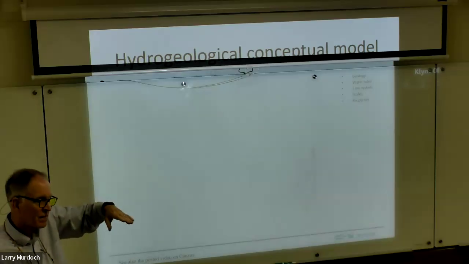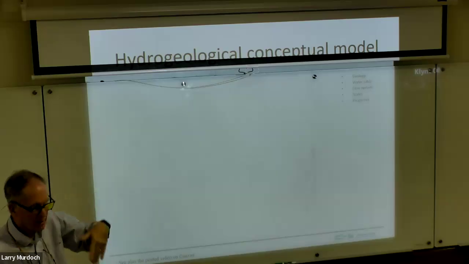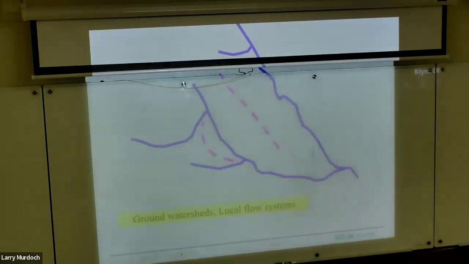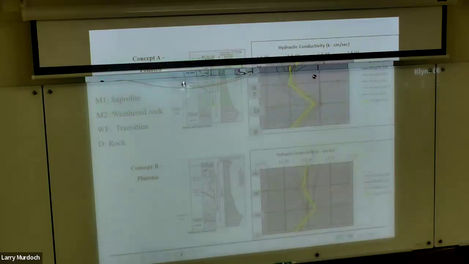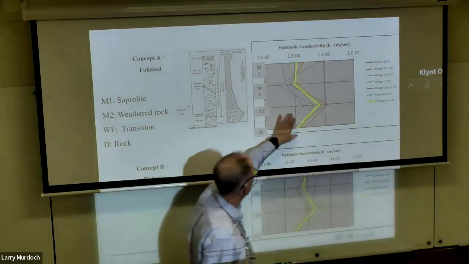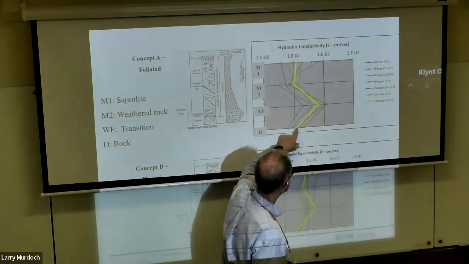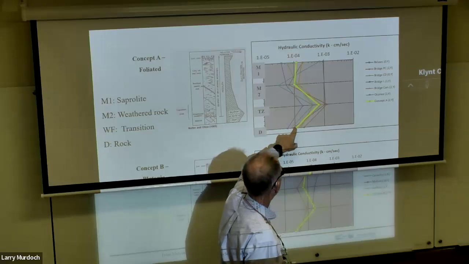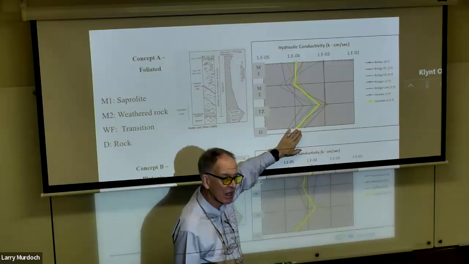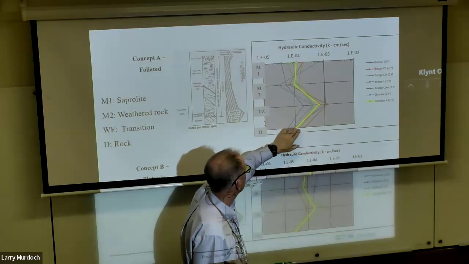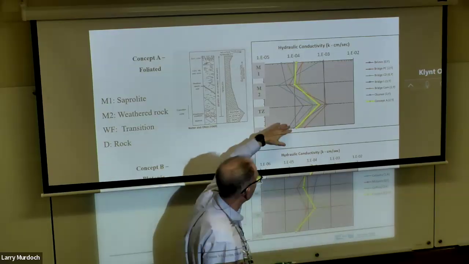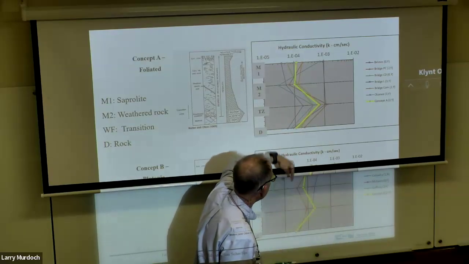We went through the transition zone, and then we're back to around 10 to the -6. This is rock, and it's fractured rock, and the fractures give it this hydraulic conductivity.